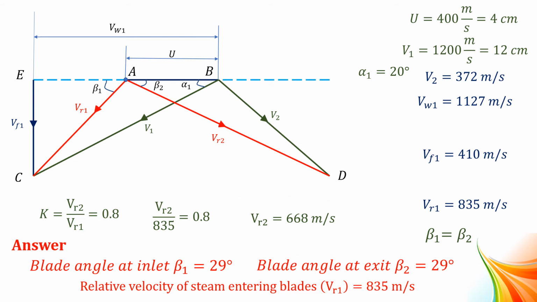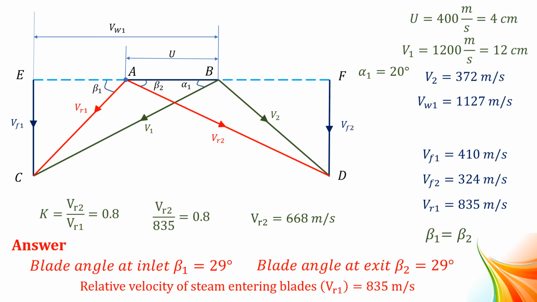Now by extending the line drawn from B and drawing the perpendicular line from point D, we get a point F. Now line DF is showing the flow velocity Vf2.